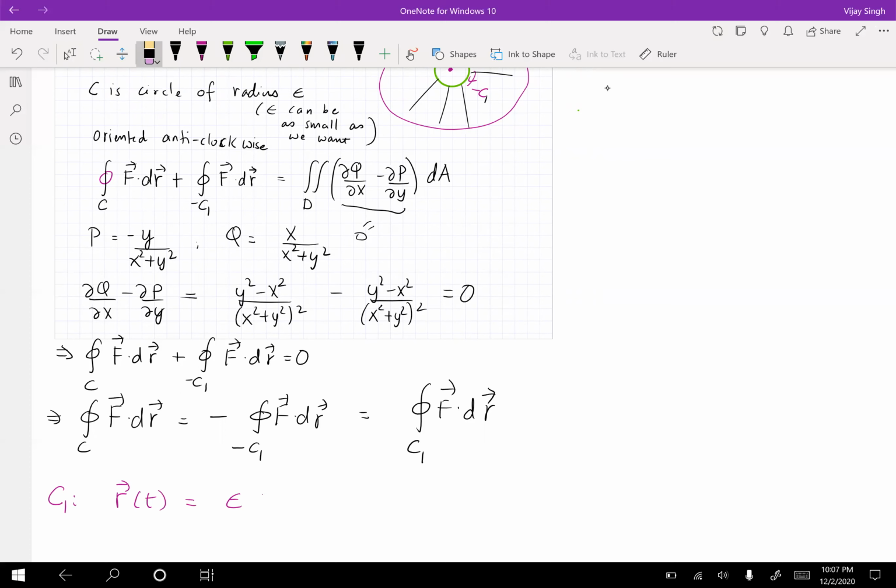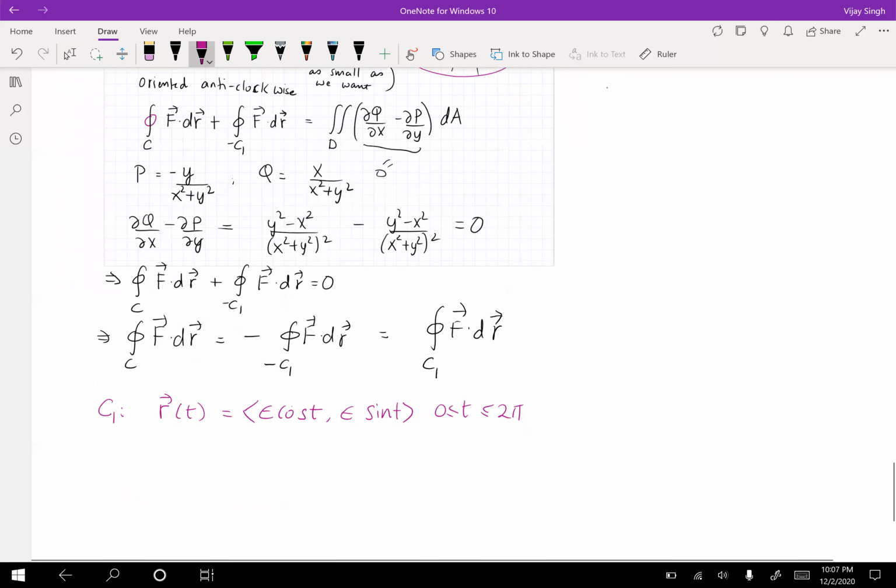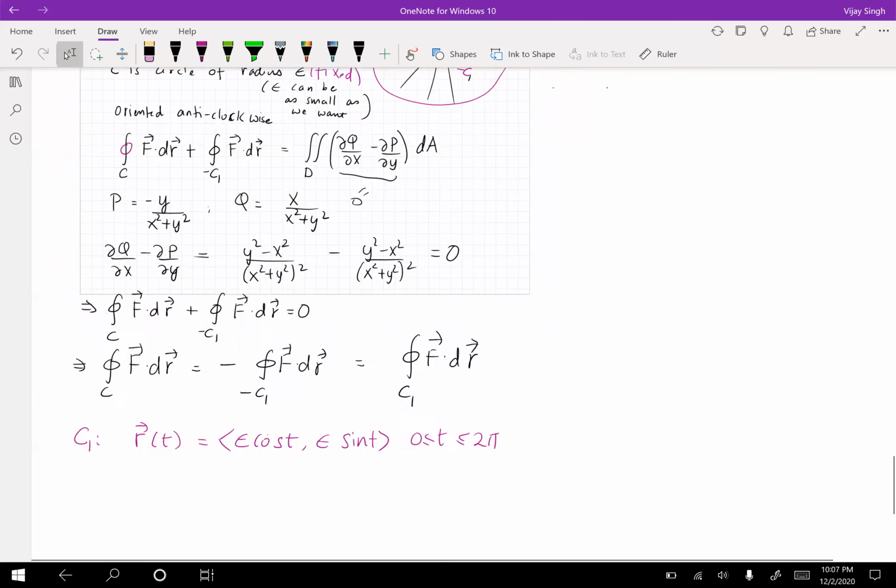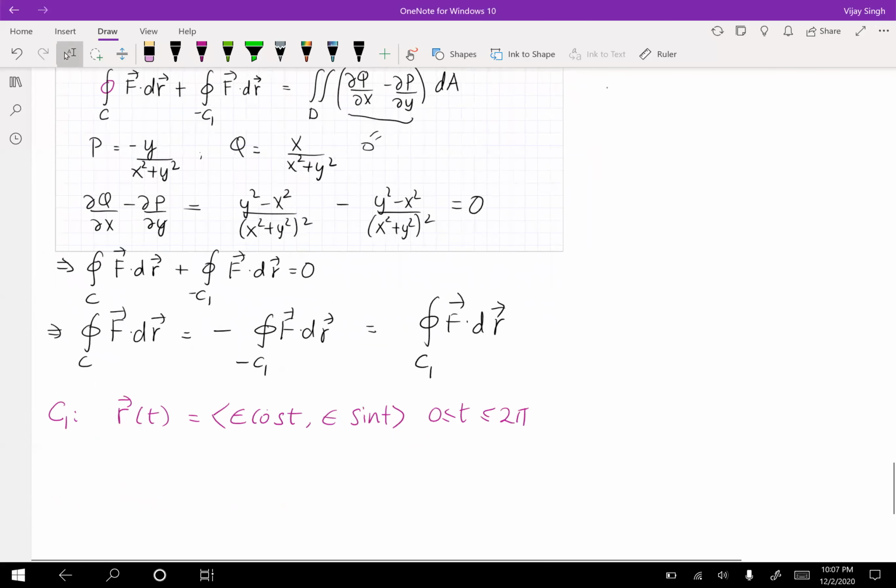Note that epsilon is fixed. This is fixed enough so that it lies inside there. So epsilon cos t, epsilon sine t, t goes from 0 to 2 pi. So this is our r of t.